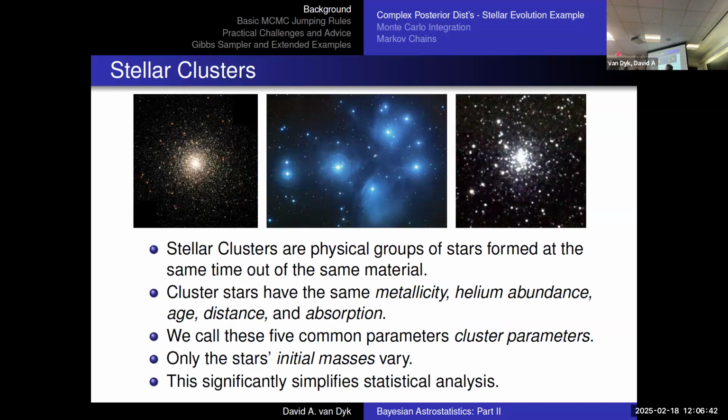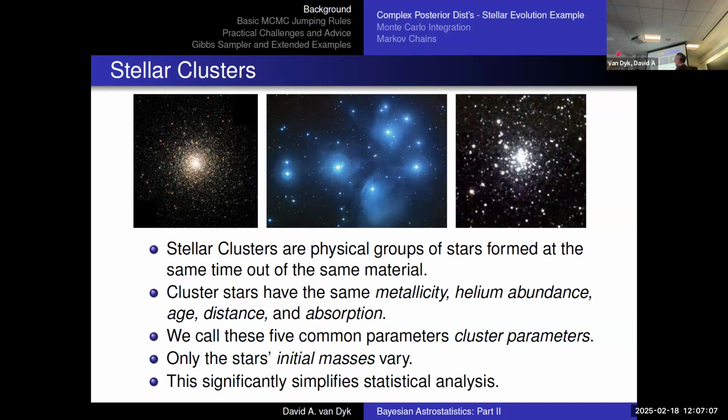The clusters have the same metallicity because they came from the same cloud, the same helium abundance for the same reason, the same age because they were formed at the same time, and they're physically together, say at the same distance, and the material between us and them is the same. What that means is that instead of having on the order of 6 parameters for each star, I have only the mass for each star, and all these other parameters are in common.